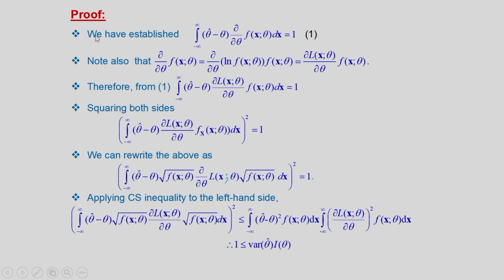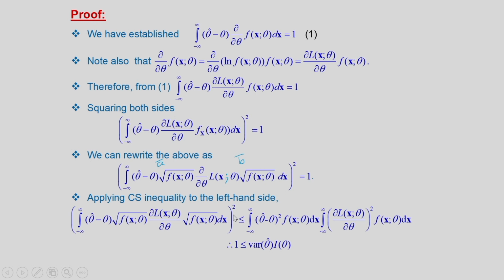So, we have now a product of two functions. Suppose I call this A vector and this part B vector. Then we can apply the CS inequality. So, therefore, this is the inner product of two functions square.